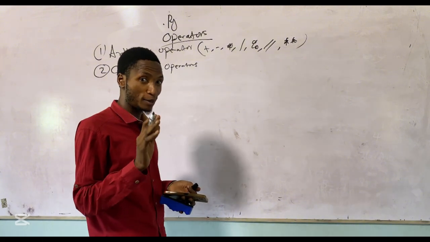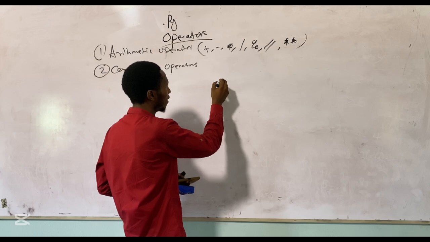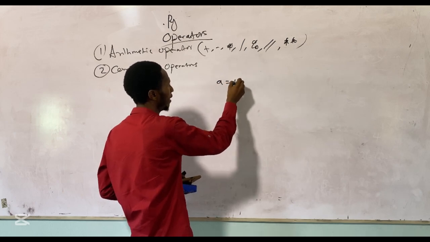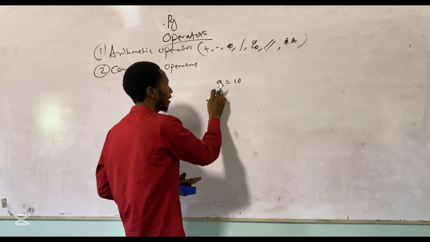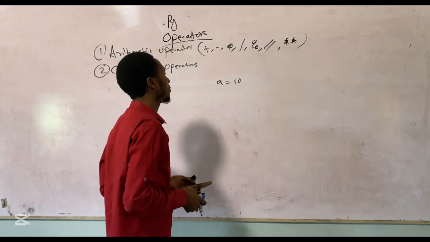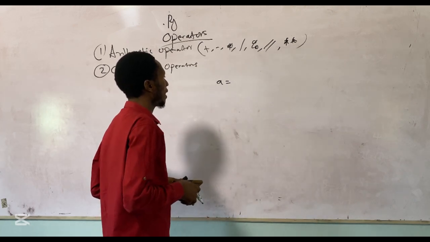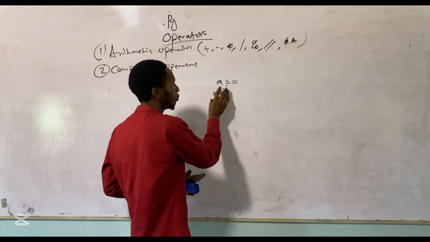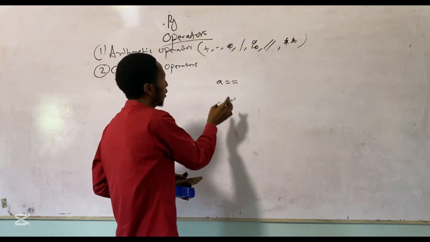In normal mathematical expression, once you say a is equal to 10, that means 10 is a and a is 10, right? So in programming language, if we say something is equal to, this is how we express it.